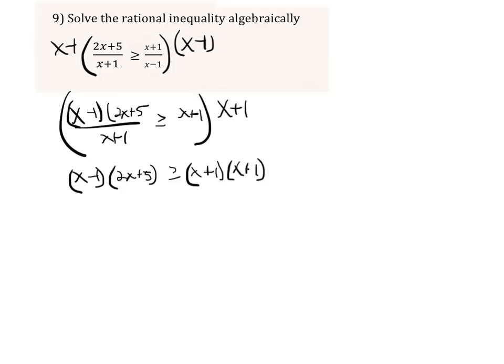Alright, so when we FOIL this, we get 2x squared plus 5x minus 2x minus 10, or excuse me, minus 5.